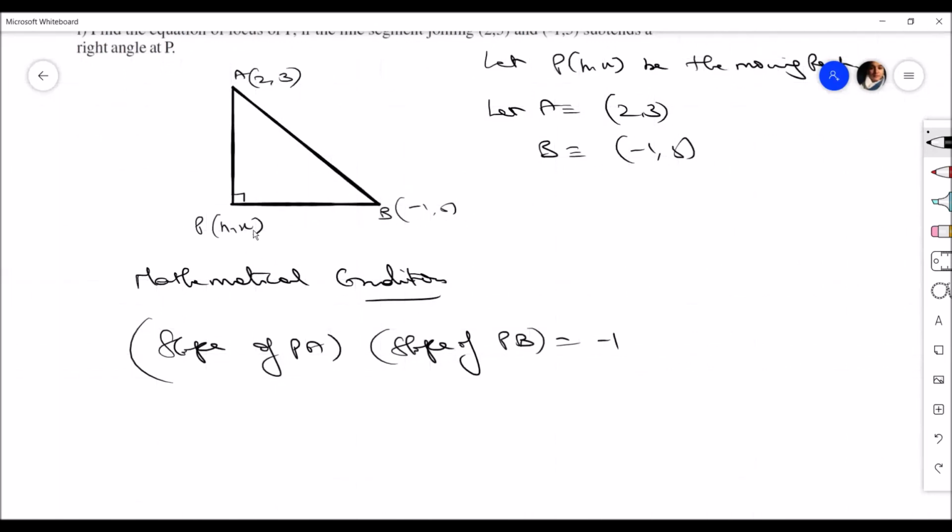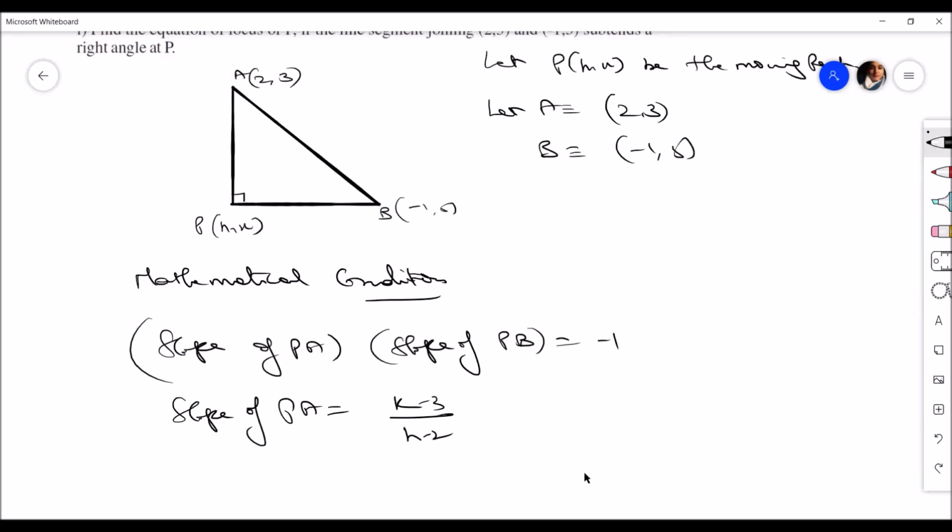So what is the slope of PA? It is (y2 minus y1) by (x2 minus x1). Similarly, slope of PB is also (y2 minus y1) by (x2 minus x1). So slope of PA should be equal to (k minus 3) by (h minus 2).